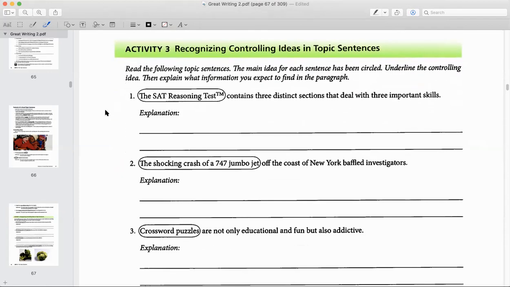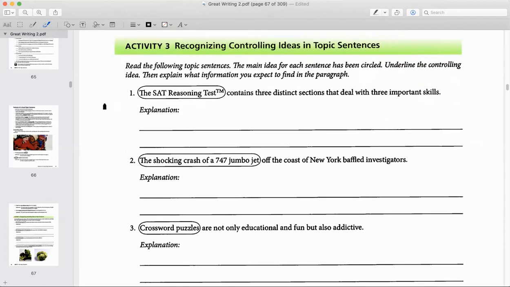Okay, then down here in activity 3, it's your chance to practice picking out controlling ideas in a topic sentence. So they have circled the main idea already, and you're going to underline the part that gives us more specific information about what we'll find in the paragraph.